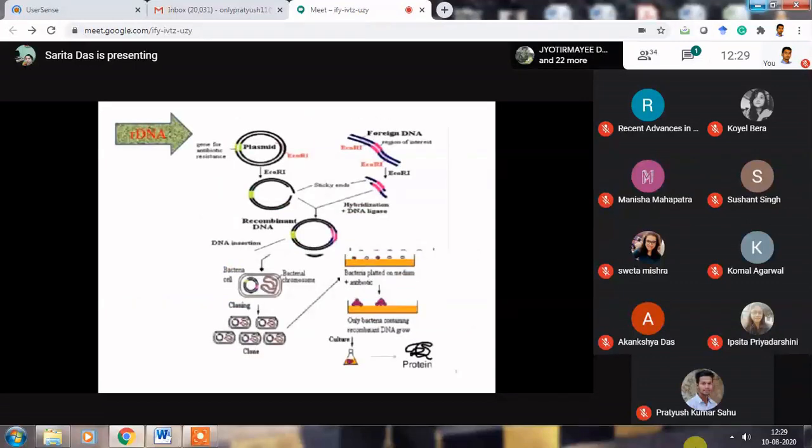Once the gene of interest is isolated and in a much larger quantity, then we have to look for a suitable vector.